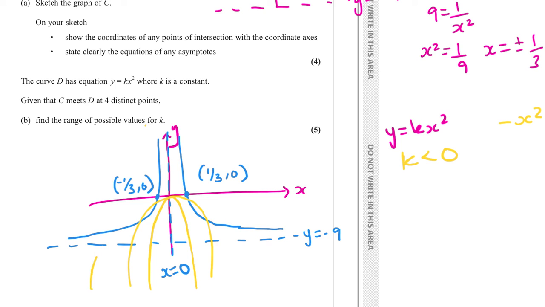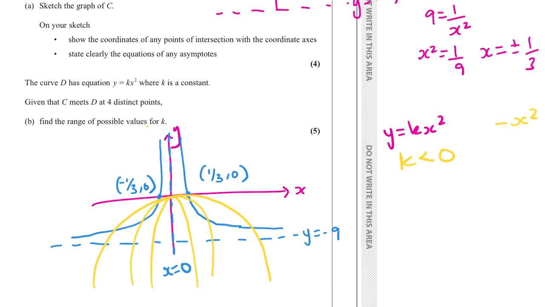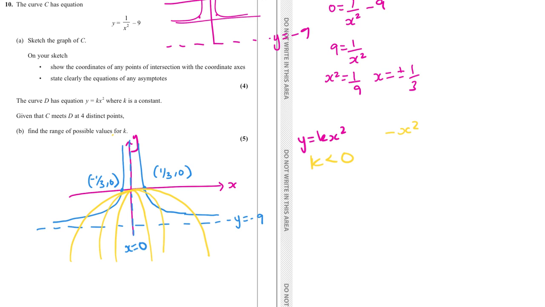However, the bigger we go here, can you see? So it's going to have to be between 0 and something to guarantee that we have our 4 solutions. So let's have a look then. What do we know? We could have a pair of simultaneous equations. So kx squared equals 1 over x squared minus 9.